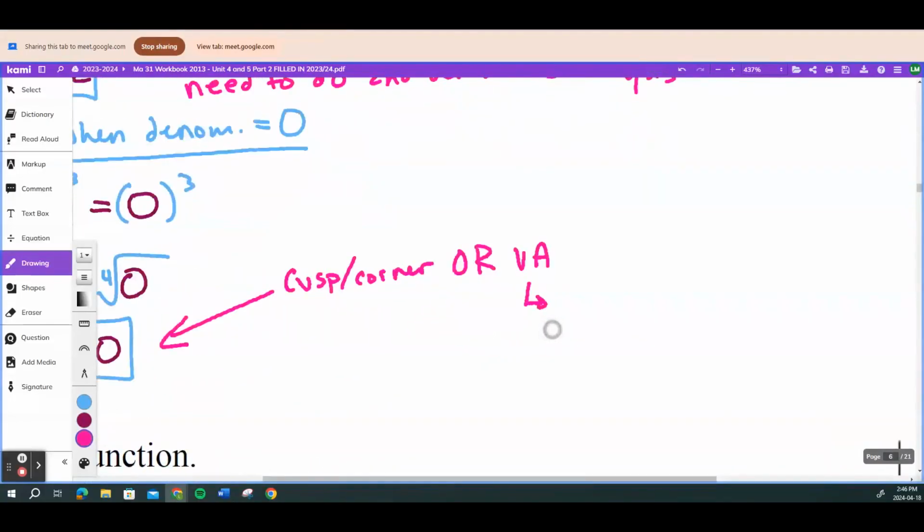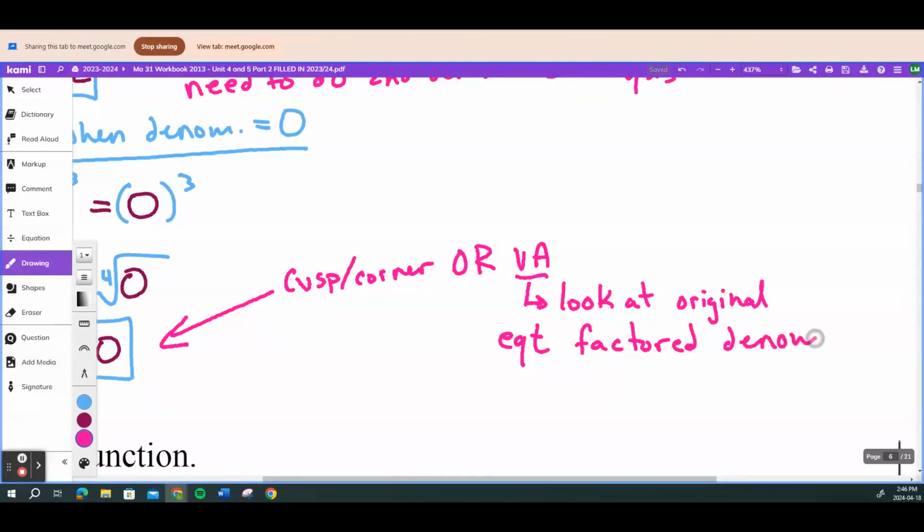Okay, so I'm just going to write out what I just said. Look at original equation, factored denominator, to determine if there is a vertical asymptote.